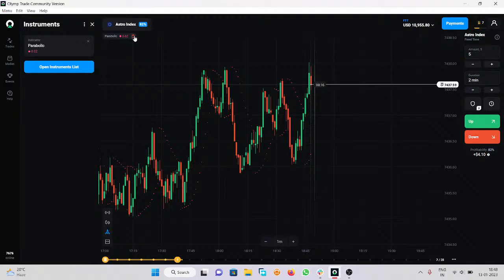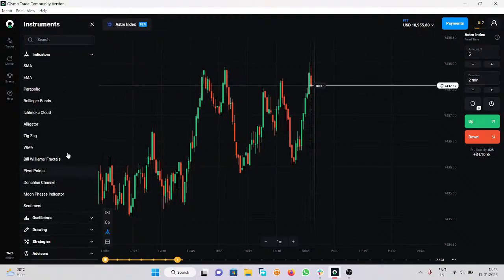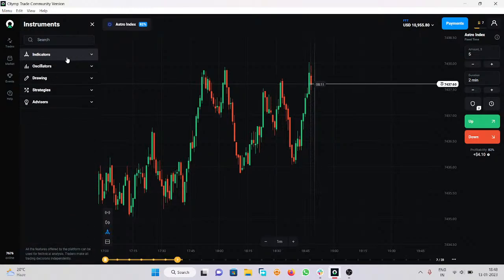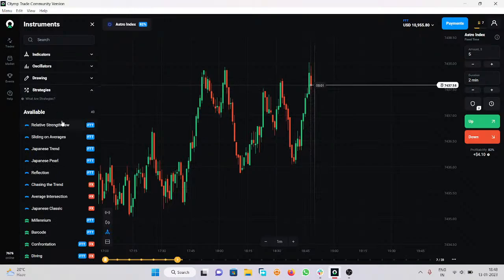So better to go to the strategy section. No need to go for the indicator, just go to the strategy section. So we have indicators, oscillator, drawing tools, strategy and advisors. We need to go to the strategy section, and here we go.